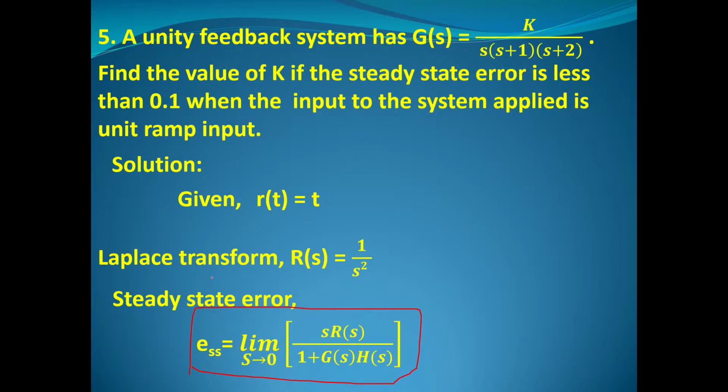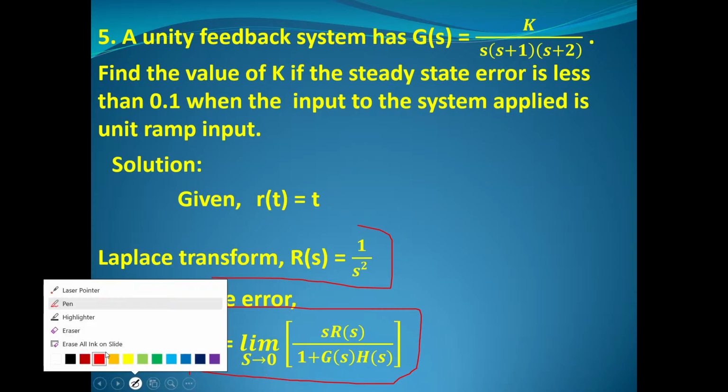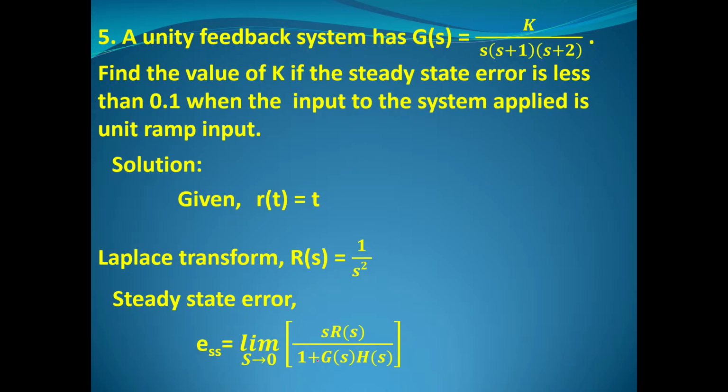So this is our input in Laplace, and this is our steady state error equation. Now what is left over? Substitute G(s) and R(s) in that steady state error equation and simplify it. Did you complete?